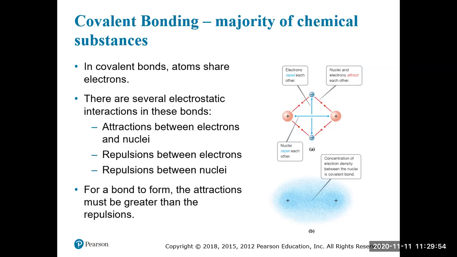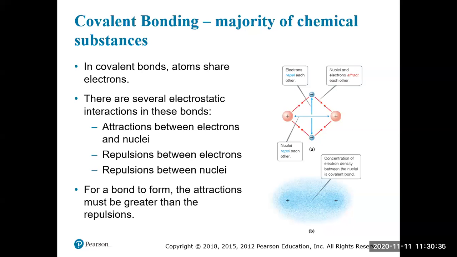We also have electron repulsion between the electrons, all that negative charge pushing off each other. And then we have repulsions between the nuclei. The nuclei are positively charged, so they have that same repulsion because their charges are the same. In order for a bond to form, those attractions must be greater than the repulsions. There's always this competition between the attractions and the repulsions to see which is going to be the stronger force.